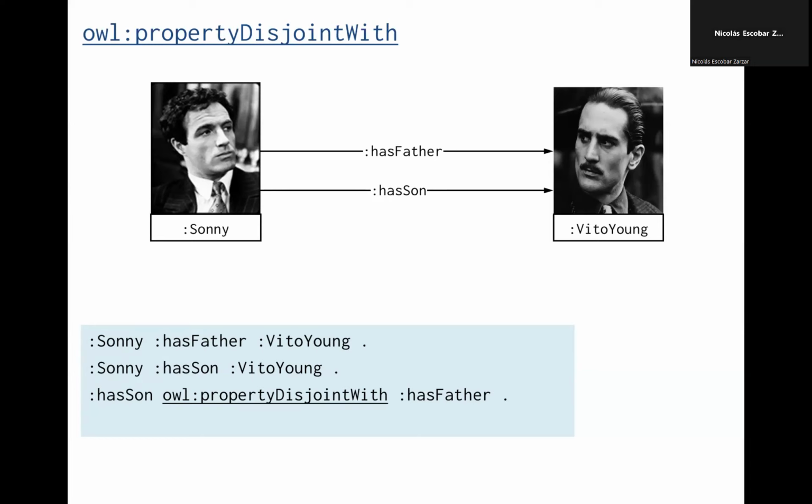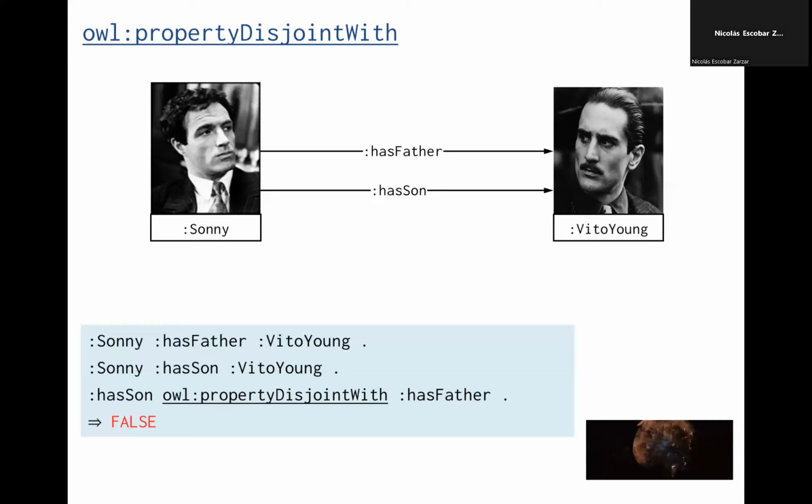Again, alarm bells, this seems to not make sense. If we want to formalize that intuition, we can define has son property disjoint with has father. This basically states that we can't have two pairs with the same relation like this. So in this case, again, we get the confusion of false and the world implodes.